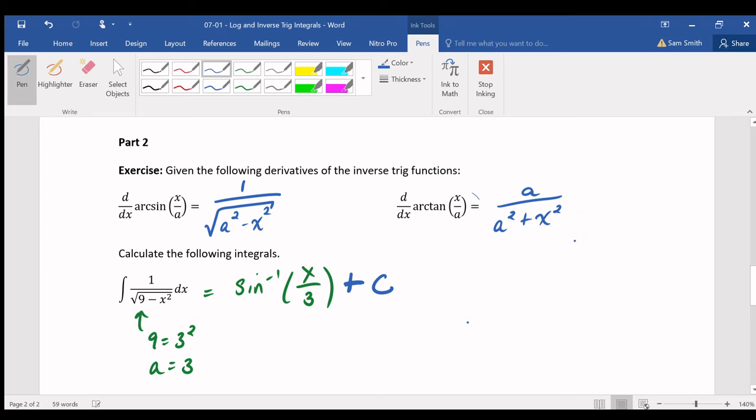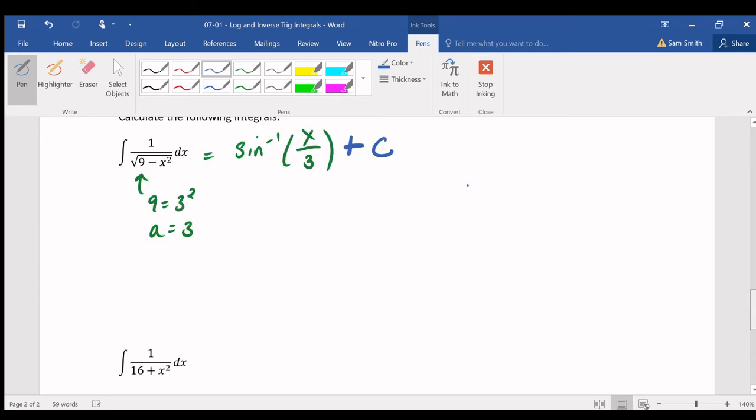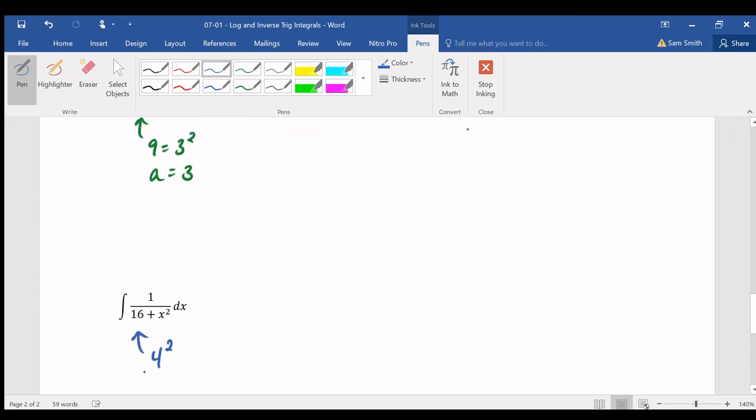However, in the derivative of arctan, we saw an a in the numerator. In our case, it would have to be a 4 in the numerator. However, our function has a 1 in the numerator. So what are we going to do?